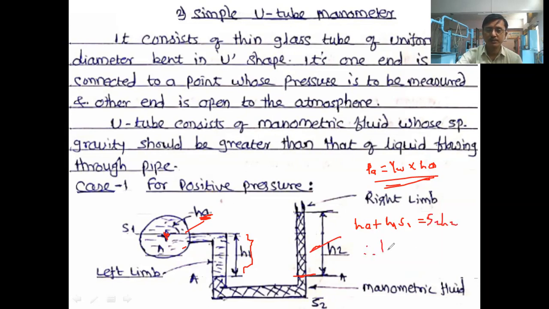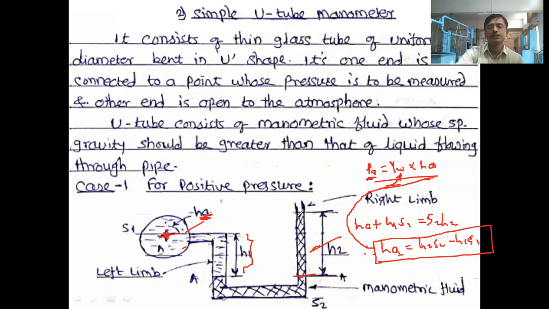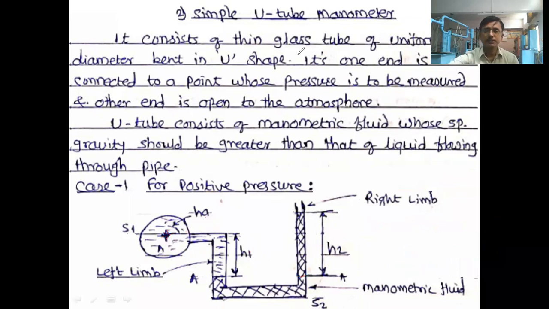Okay, so therefore we can say that HA is equal to H2 S2 minus H1 S1. So with the help of this equation, we can find out HA, that is pressure head in the pipe. Pipe मधला pressure head किती आपण या ठिकाणी find out करू शकतो. And by multiplying this pressure head by gamma W, we can find out the pressure intensity at point A. So these are the two ways with the help of which we can find out the pressure intensity inside the pipe by using simple tube manometers.